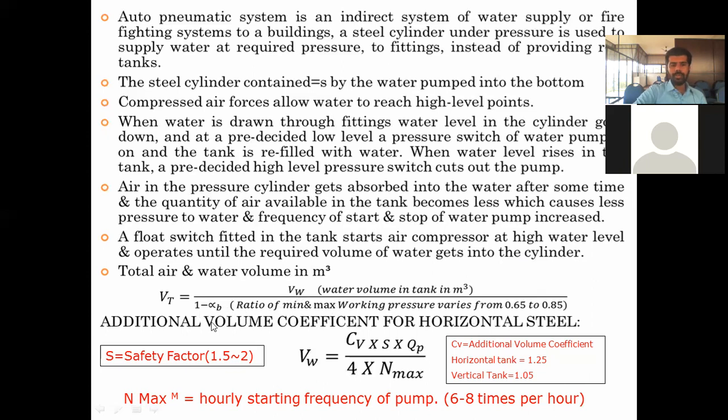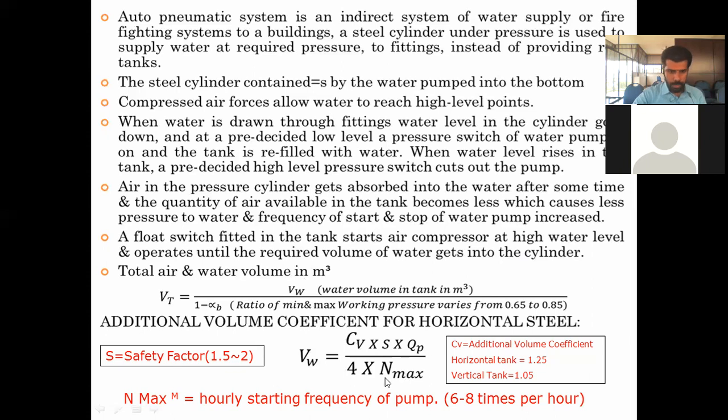Another formula that we will be using is the additional volume coefficient for horizontal stream. The formula is VW, the water volume in tank, equal to CB into S into QP into 4 into N max.